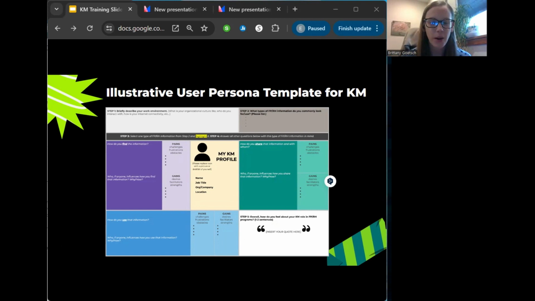So these prompt questions are, what is your organizational culture like? These are very, very basic. How's your internet connectivity? And then step 2 gets into what kind of FPRH information do you commonly ask for, or do you commonly look for?